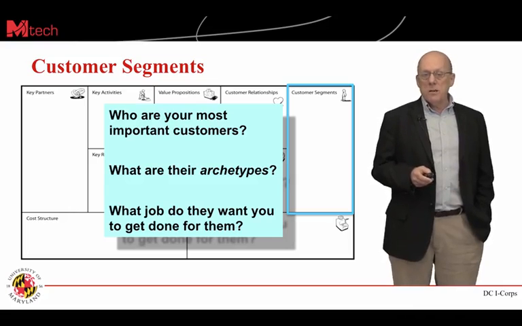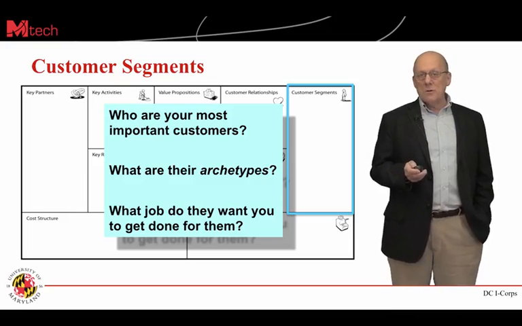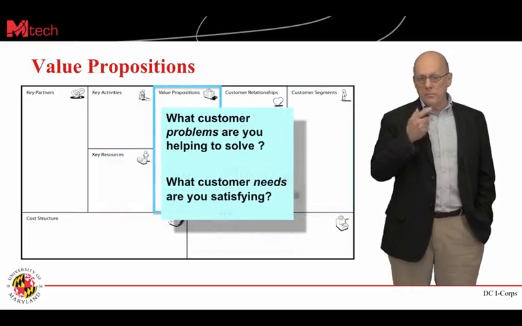And for the customer segment, you have to answer what job or jobs you want to get done for them? We're going to be talking about jobs and needs and many other things about customers in subsequent lectures. That's the customer segment. When you start out, you probably think there are a lot of customer segments who could benefit. And as you go through the customer development process, you winnow them down until you have 1 or 2 that are going to be your key ones to start out your business in.